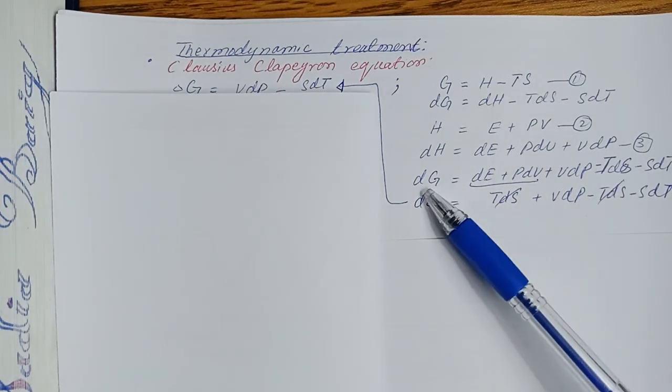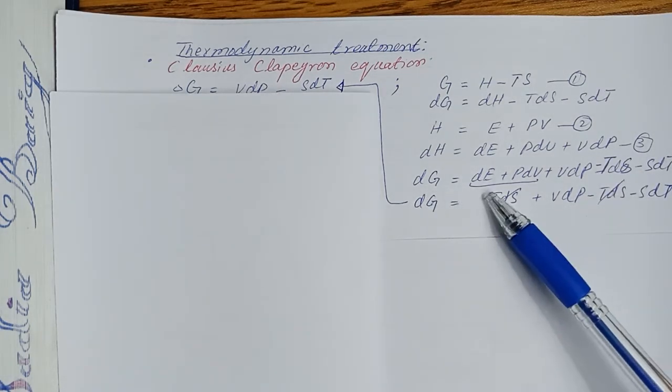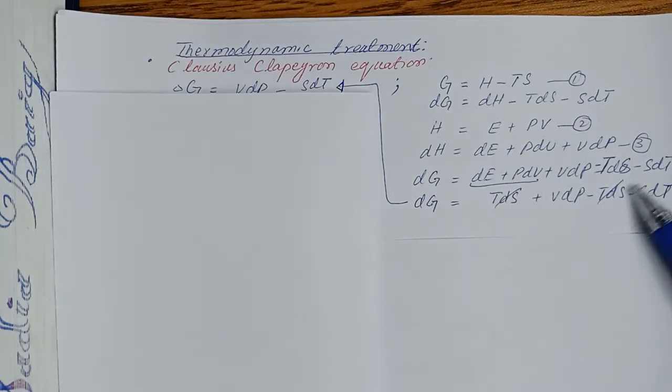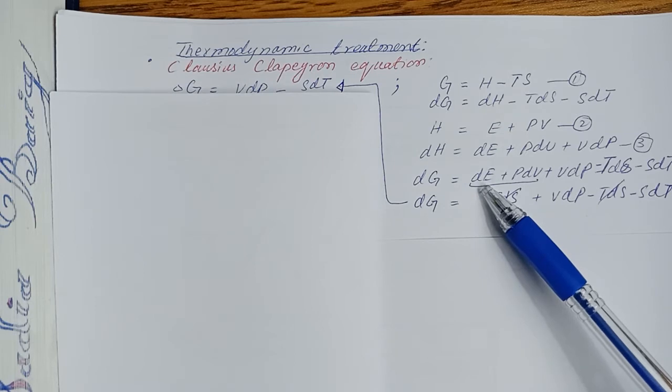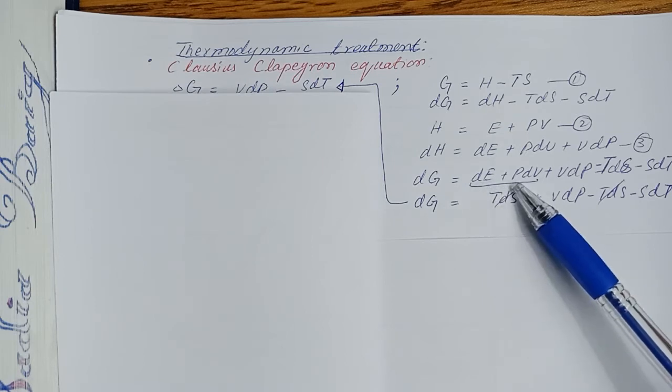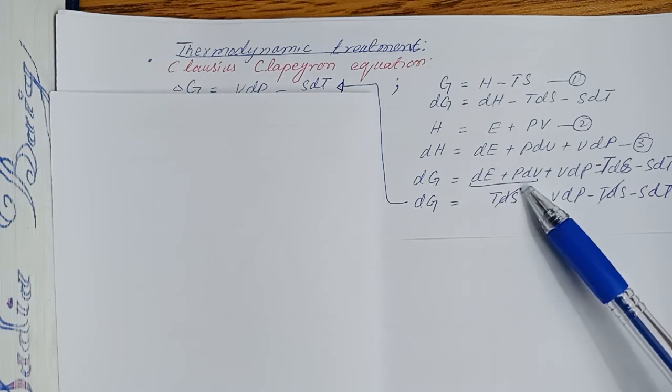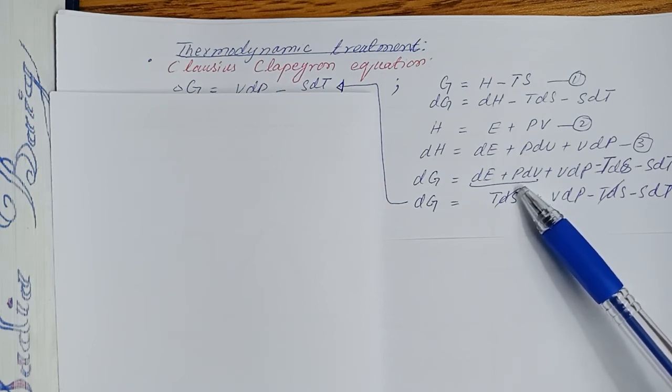So overall the Gibbs free energy change has different terms, in which we have the change in internal energy and the pressure-volume work, in which we are differentiating the volume while keeping the pressure constant.